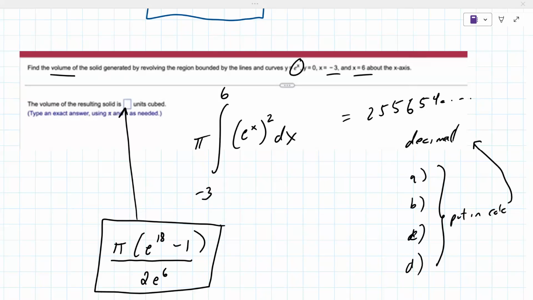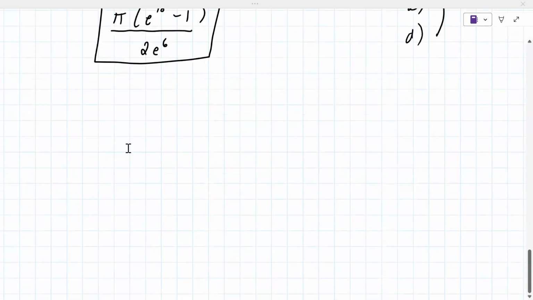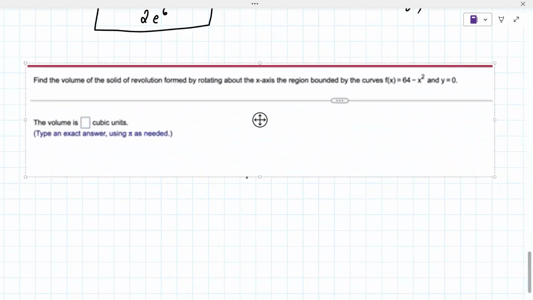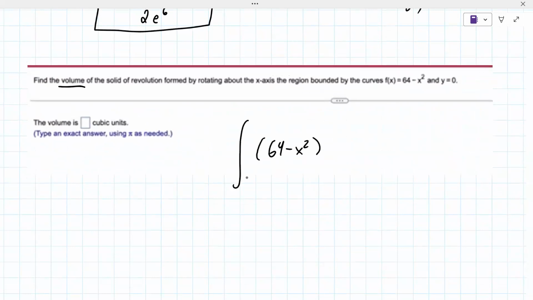It's the next one here. You'll see the same language again. Just find the volume. Volume, that's what you're looking for. Integral. So it's 64 minus x squared. That's your radius. And then, what do I integrate from? Notice there are no bounds here.